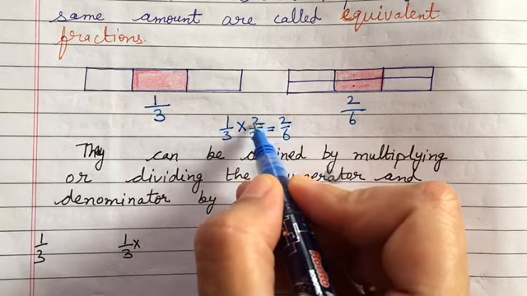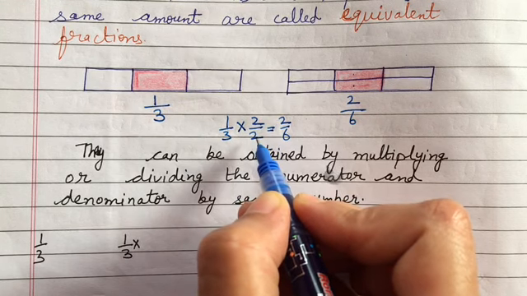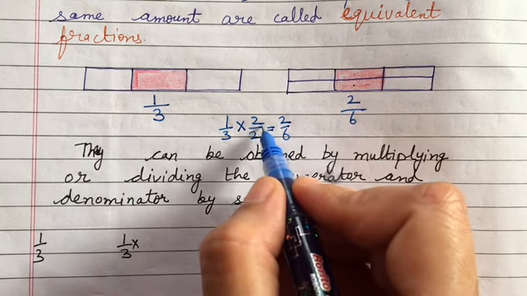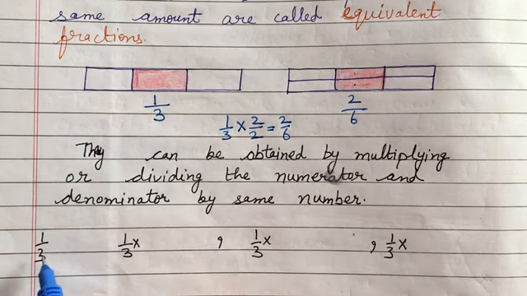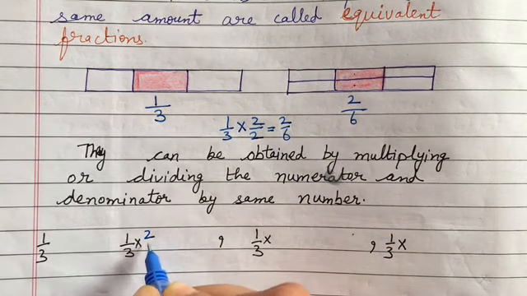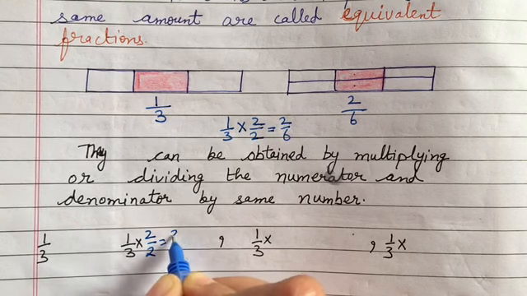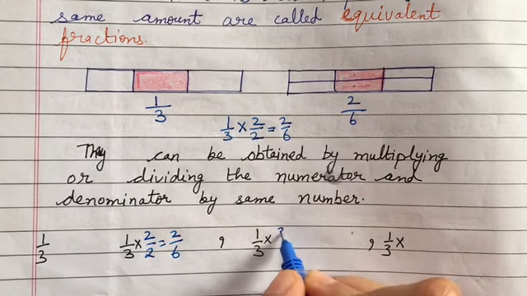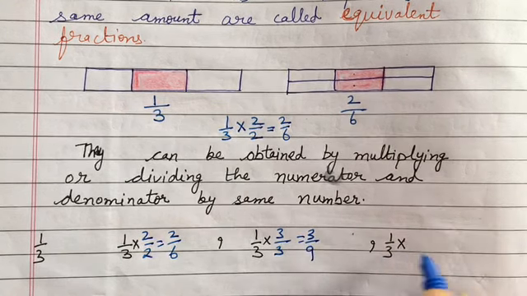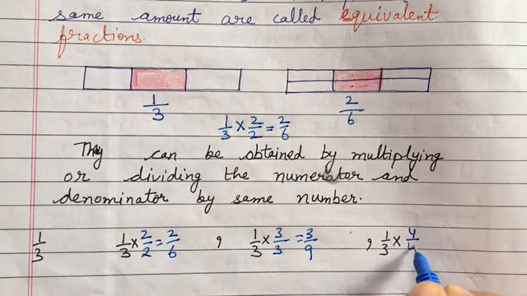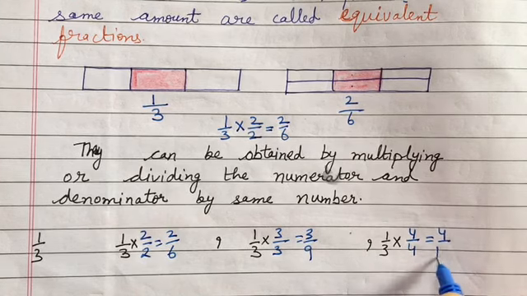I have multiplied numerator and denominator by the same number, which is 2, so we get 2 by 6. For example, 1 by 3, if I multiply it with 2 by 2, I will get 2 by 6. If I multiply it with 3 by 3, I get 3 by 9. If I multiply it with 4 by 4, I get 4 by 12.